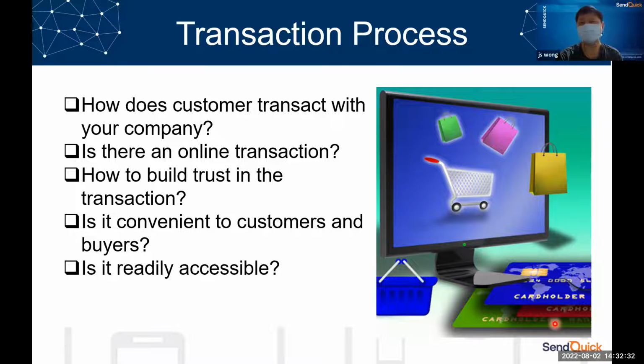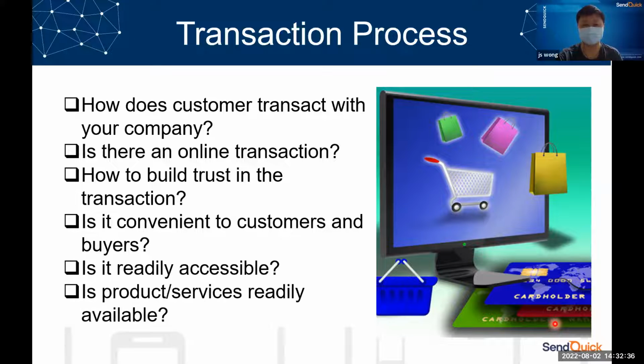What if they transact at 2 a.m. in the morning? So how do you respond? How fast do you respond? And lastly, is the products and services readily available for them? Okay, so like I mentioned, how fast the response to them. So these are some questions you ask yourself when you want to do a digital transformation in your transaction process.